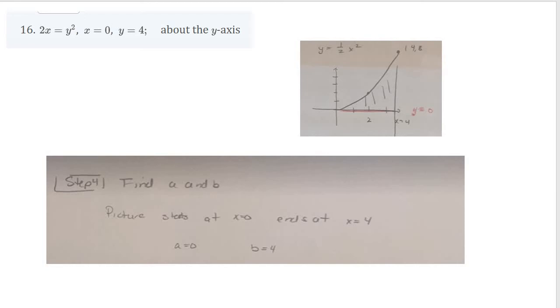So my picture starts at x equals 0 and ends at x equals 4. Actually, I don't think this is correct because they said y equals 4, but let me just go with this right now because I have these pictures here. So just where the picture starts and stops, that's where your a and b are. And in this case, I'm going horizontally, sorry.